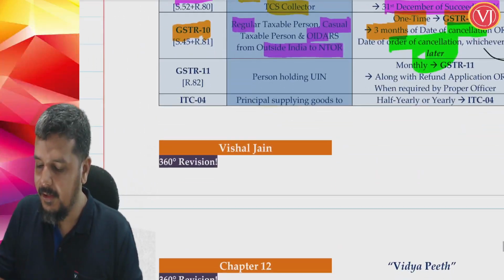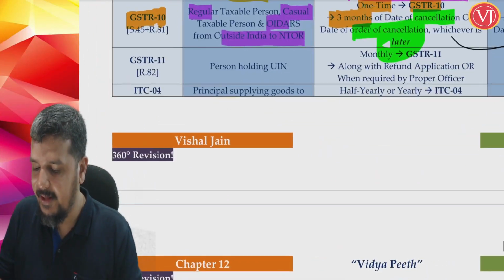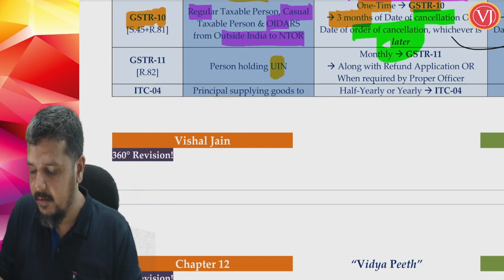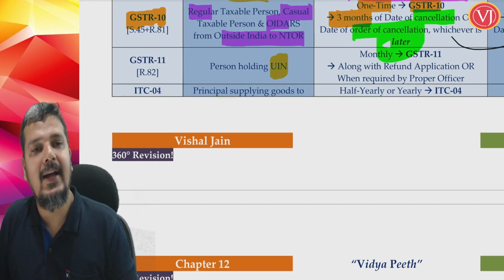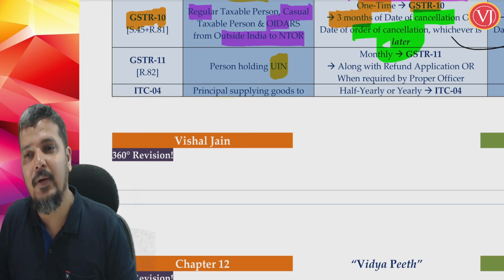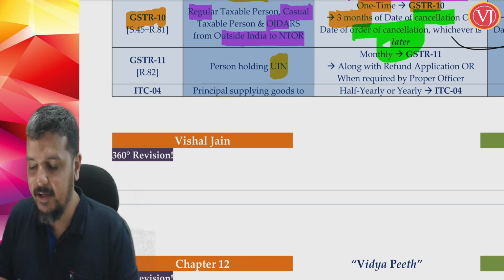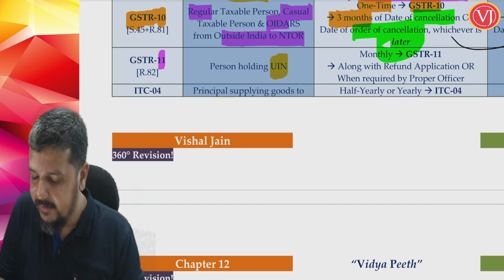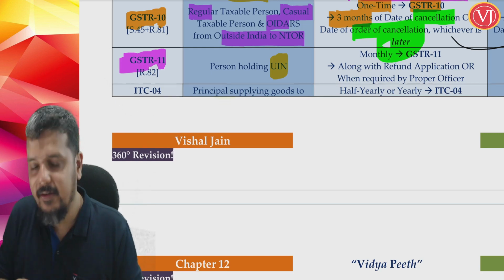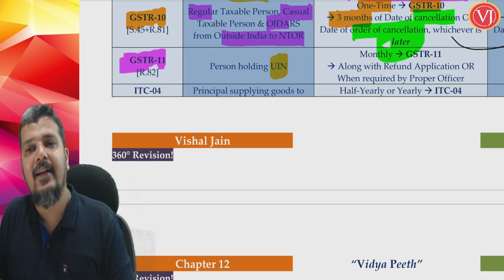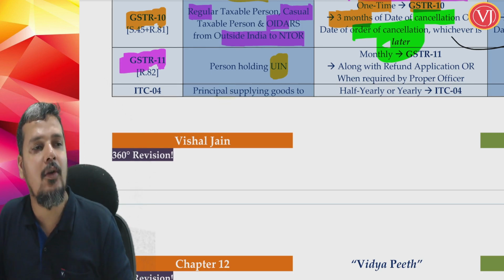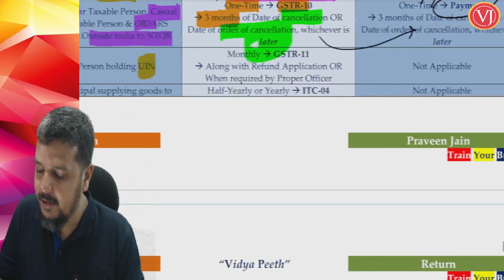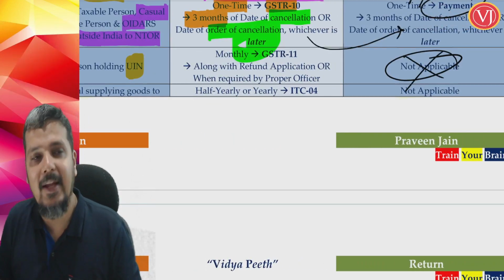Then you have something called GSTR 11. A person holding a Unique Identification Number, UIN, such as international bodies, will file GSTR 11. Understand that international bodies having a UIN will never make any payment.